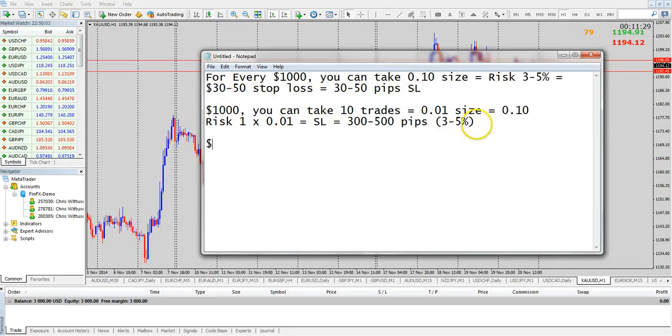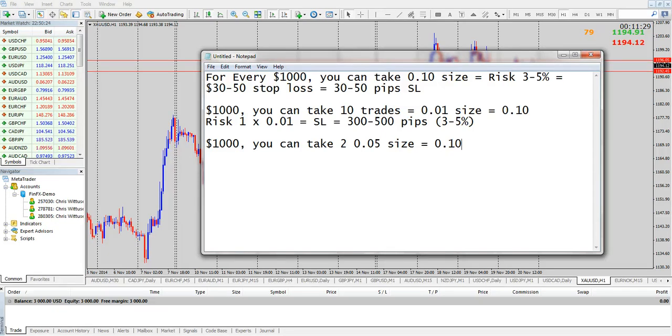Play with it again. $1,000, you can take 2 0.05 sizes. That equals 0.10. Pretty clear, right?